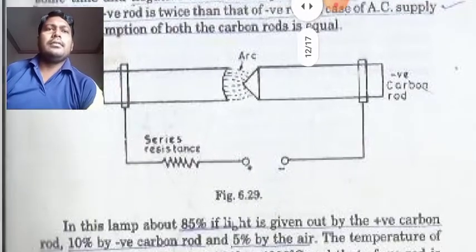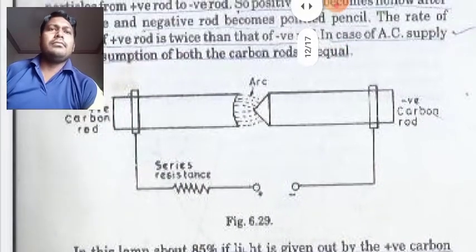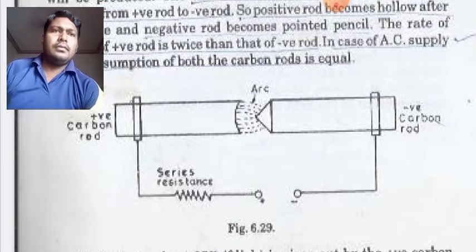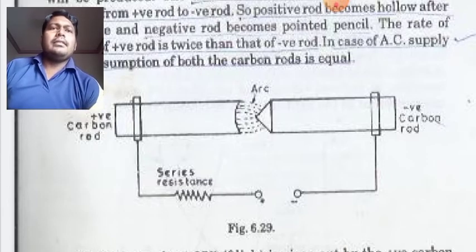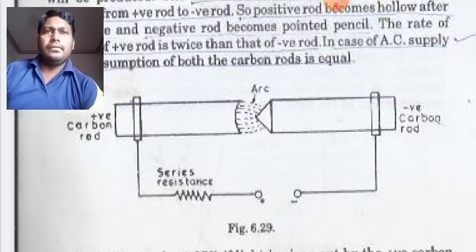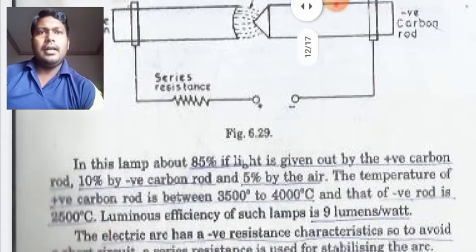Now there is the circuit diagram of this kind of lamp. There is a series resistance connected, and there are two electrodes, and there is a positive and negative terminal from where we have to excite it, by which we can get or produce an arc.